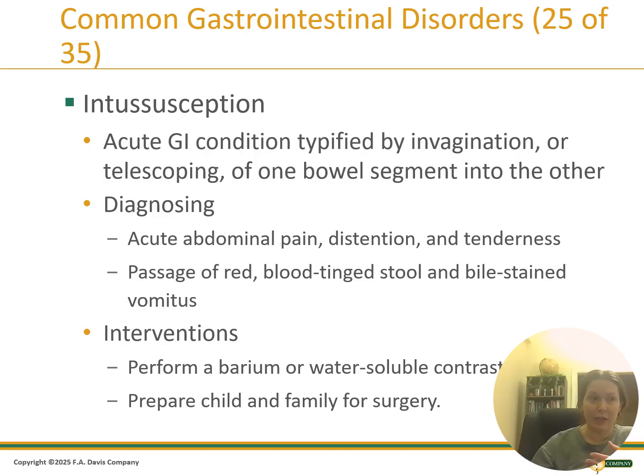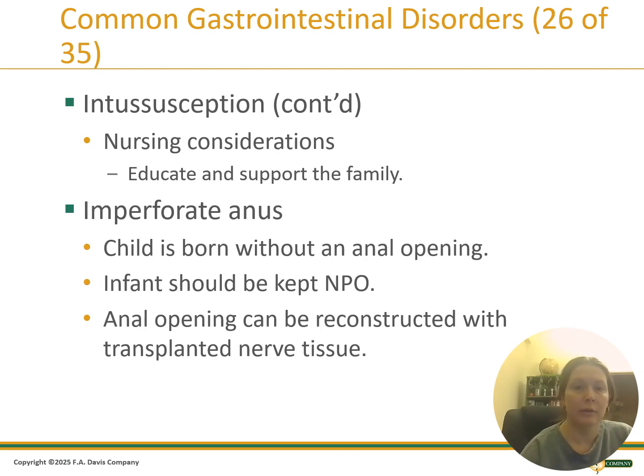Our priority nursing actions for that are to make this child NPO, monitor for any signs of bowel perforation, and not give the child any enemas. Okay, I kind of got ahead of myself there. We also want to educate and support the family on what to expect with this.